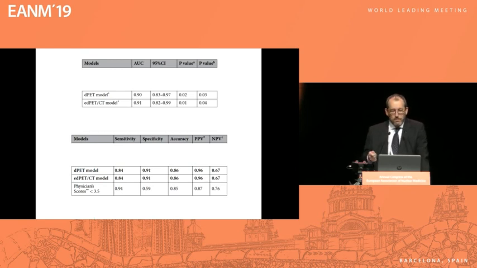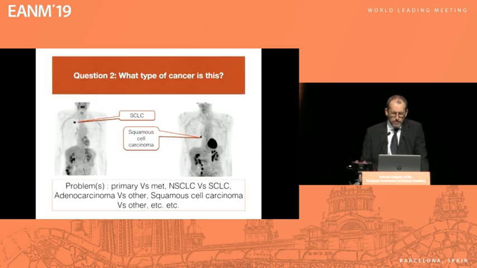So another lesson, if we read the literature: even though the area under the curve is the primary metric used to evaluate the performance of various diagnostic methods or machine learning algorithms, it's also important to look at what's behind the area under the curve, at the sensitivity and specificity, because depending on the clinical situation, we may want to promote either sensitivity or specificity.